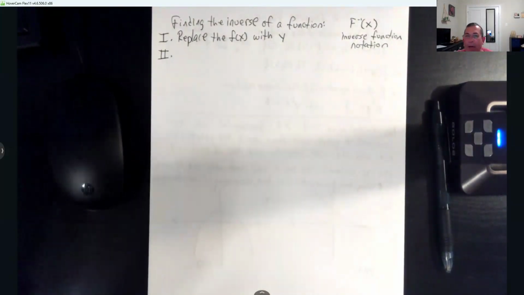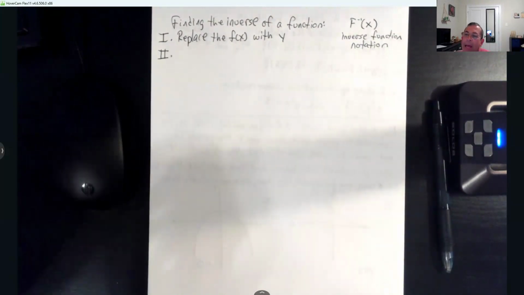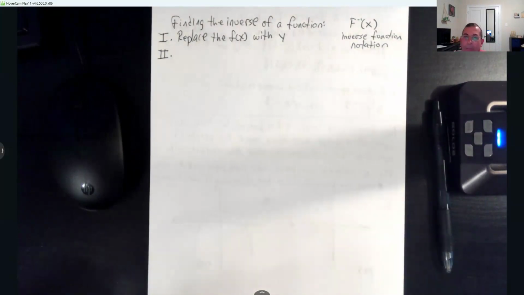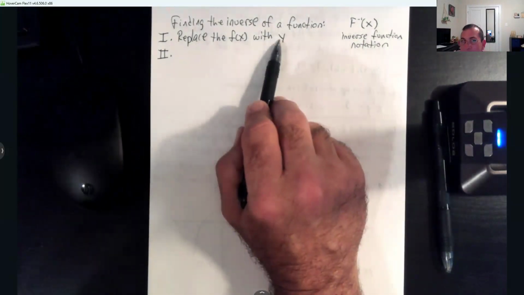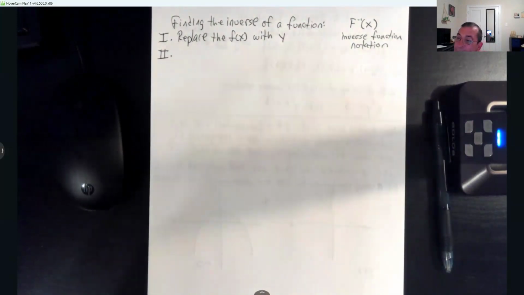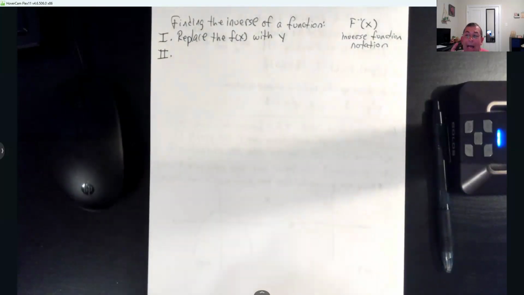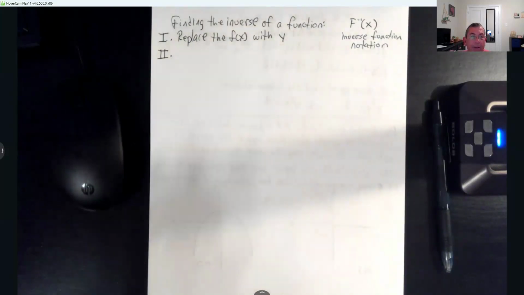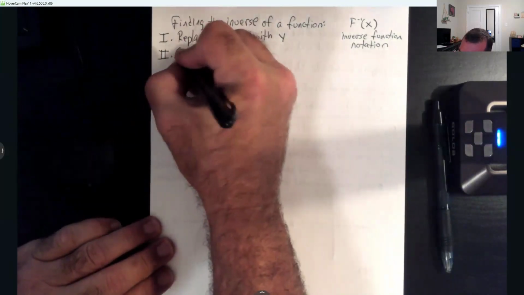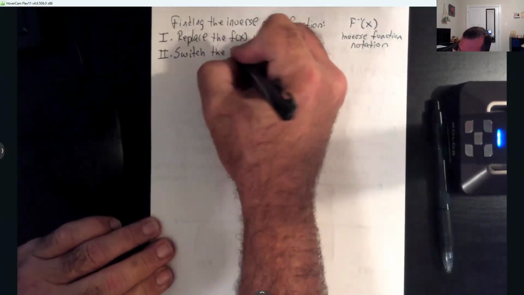So instead of f of x equals something like 3x plus 2, I now have y equals 3x plus 2. So now that I got a y there instead of the f of x, y'all remember what we did a while ago when we found the inverses? I switched the x and y variables, right? So that's what we're going to do here. We're going to switch the x and y variable.